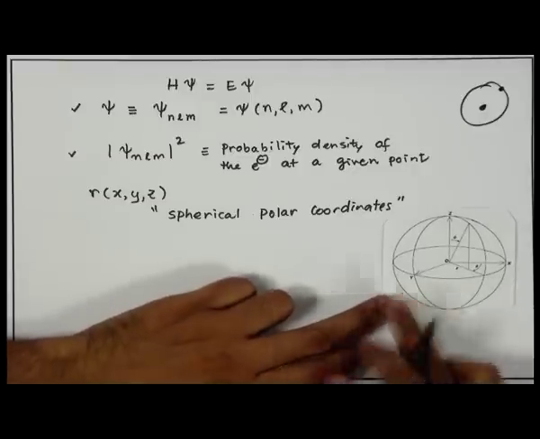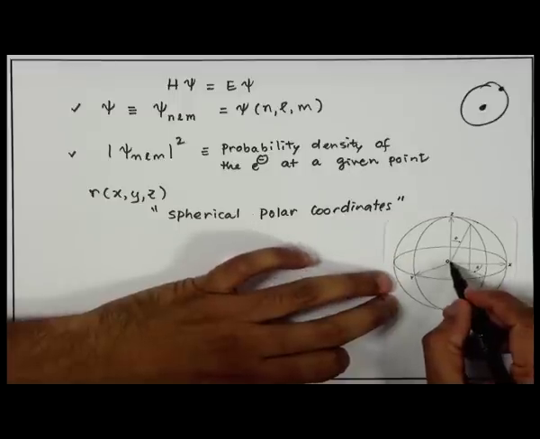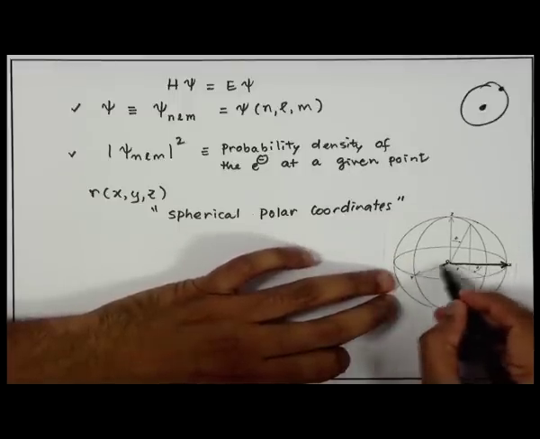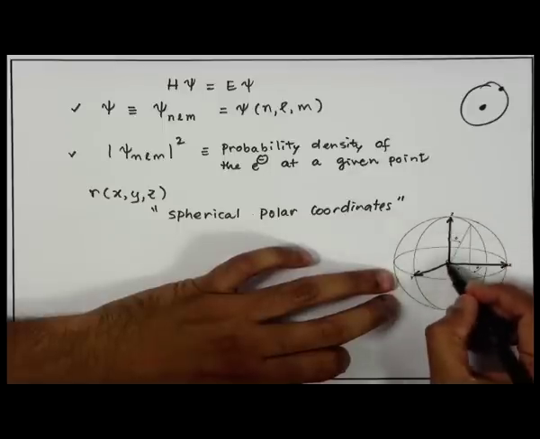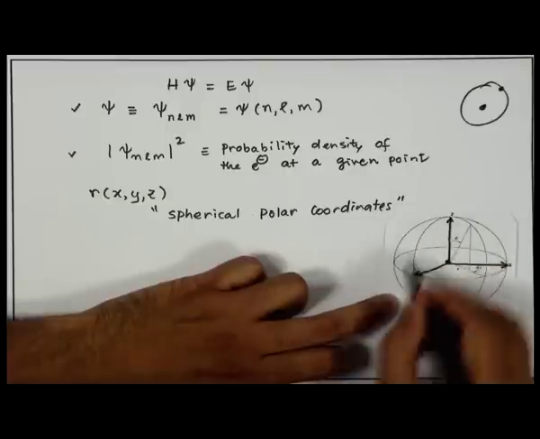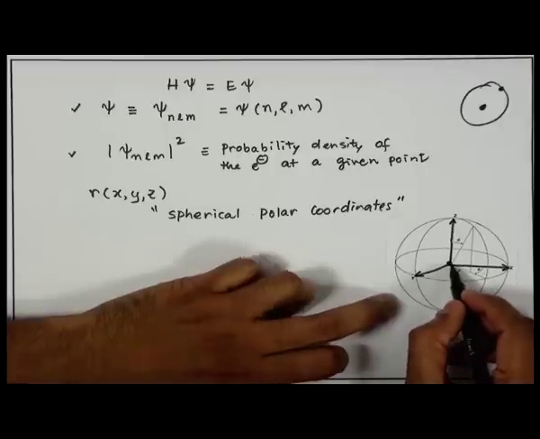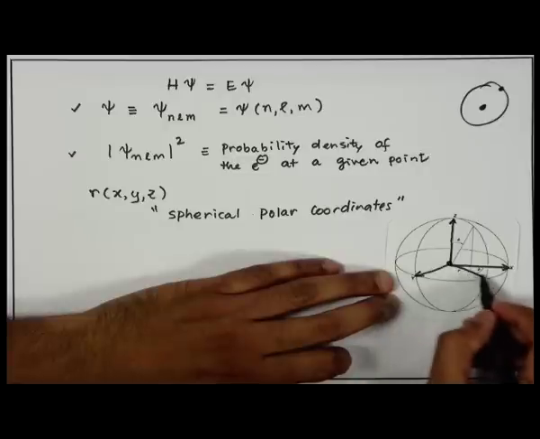Here the spherical polar coordinates are given, along with the relationship with the Cartesian coordinates. We have the x axis, y axis, z axis, the 3 axes, and this is the origin. Since the electron is going around this sphere in 3 dimensions, you can define one coordinate in the spherical coordinates, that is r, which is the radius of the sphere.